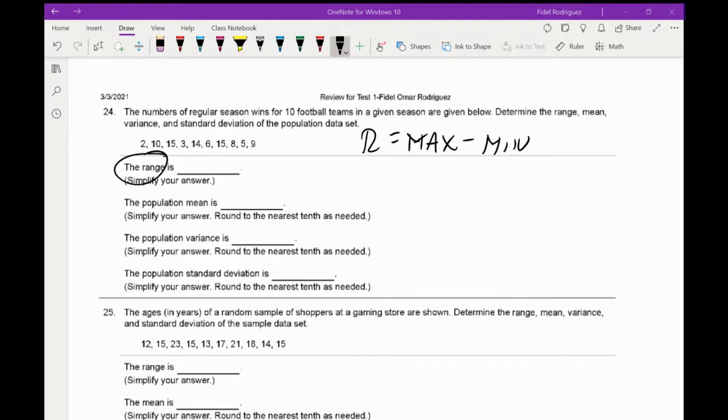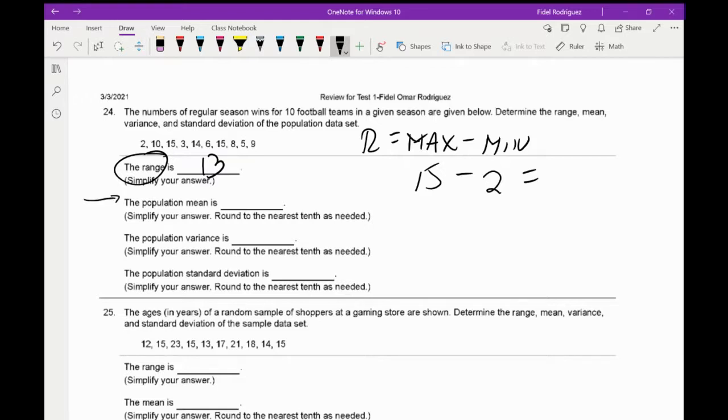Let's see, I heard somebody put in the chat. 15, excellent, good. So we're going to put 15 minus the smallest number is, anybody know? Don't be shy. 2, good, perfect, excellent. So my range is just going to be 13. Easy breezy, right? I didn't need anything from the calculator, just subtract.